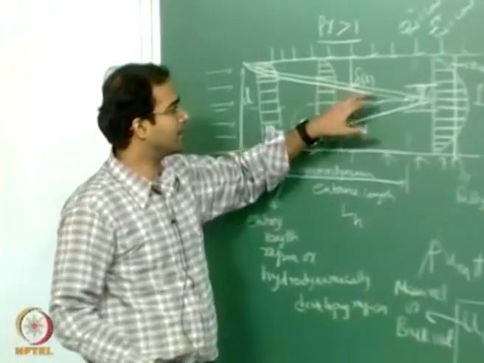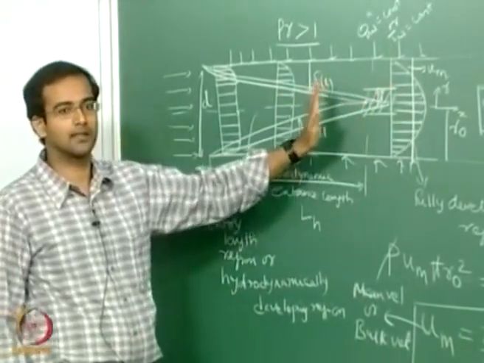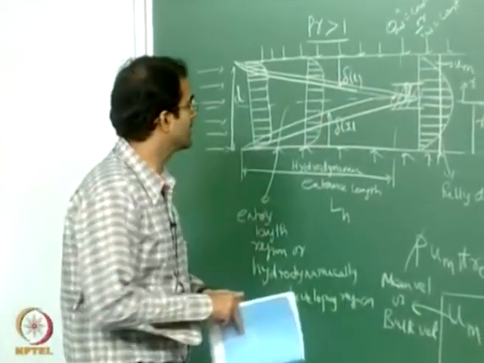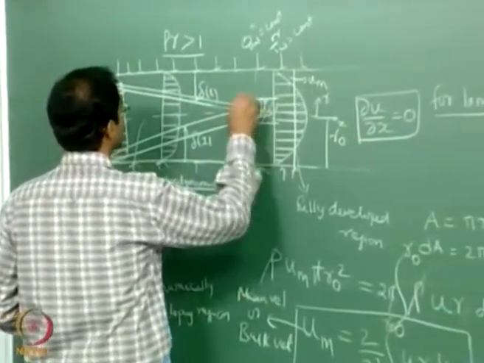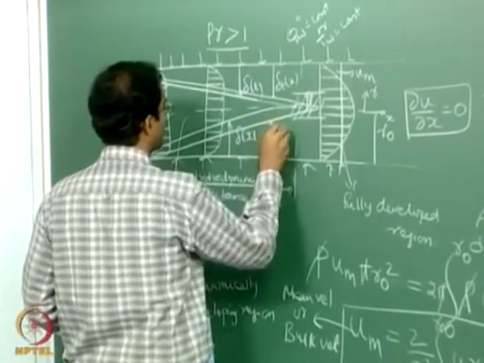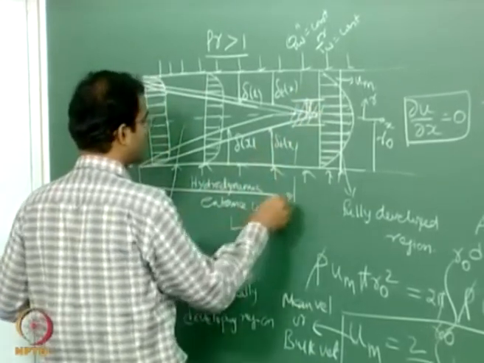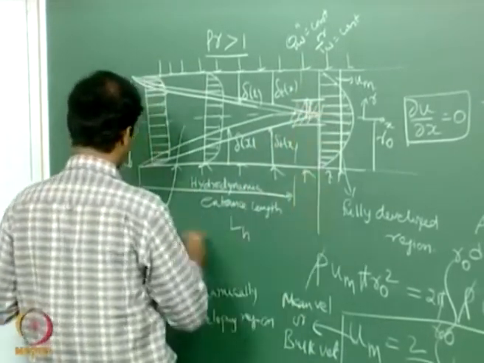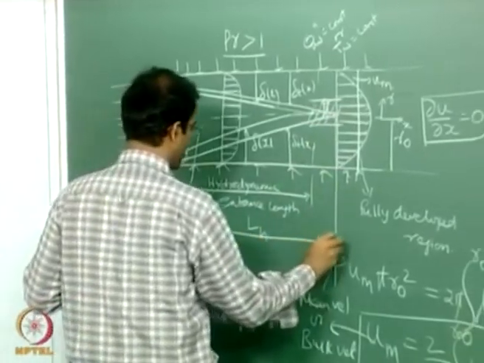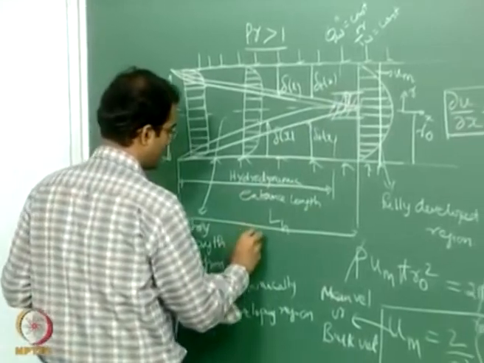Therefore the point where they merge will also be slightly downstream of the hydrodynamic entry length. Somewhere they will merge here; this will be my delta T x. Similar to the hydrodynamic entrance length, I can also define what is called a thermal entry length, the point where the two thermal boundary layers merge.